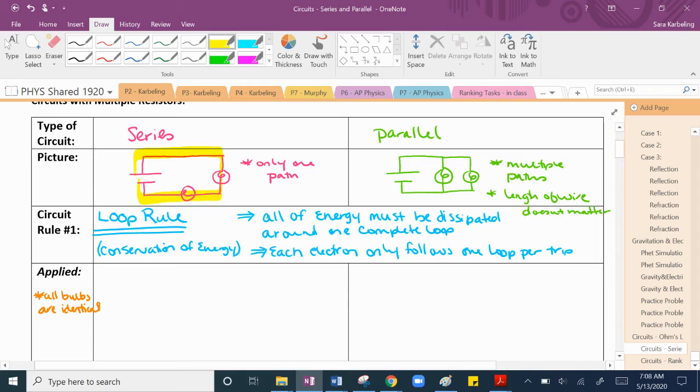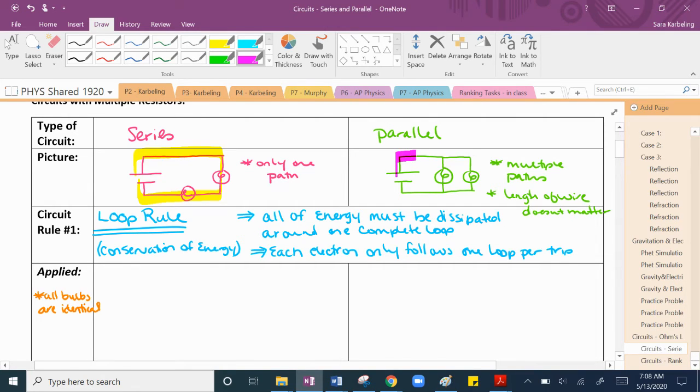In a parallel circuit, there are lots of different ways it can go. So we're going to start at the positive, and it's going to fall either this way or this way. Okay. But the point that I'm trying to make with that loop rule is that it would not do this. So this is not an option.